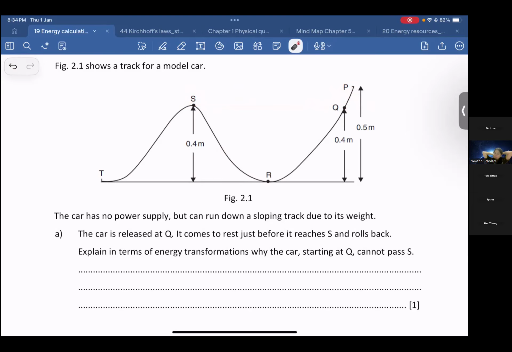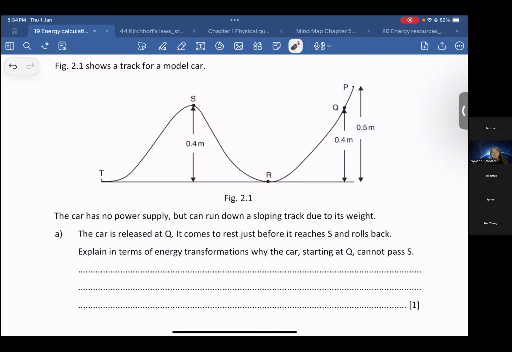Energy cannot be created, this one is correct. So it will transform to a lower stage of energy, and it cannot go higher than the origin because friction causes the loss of energy.